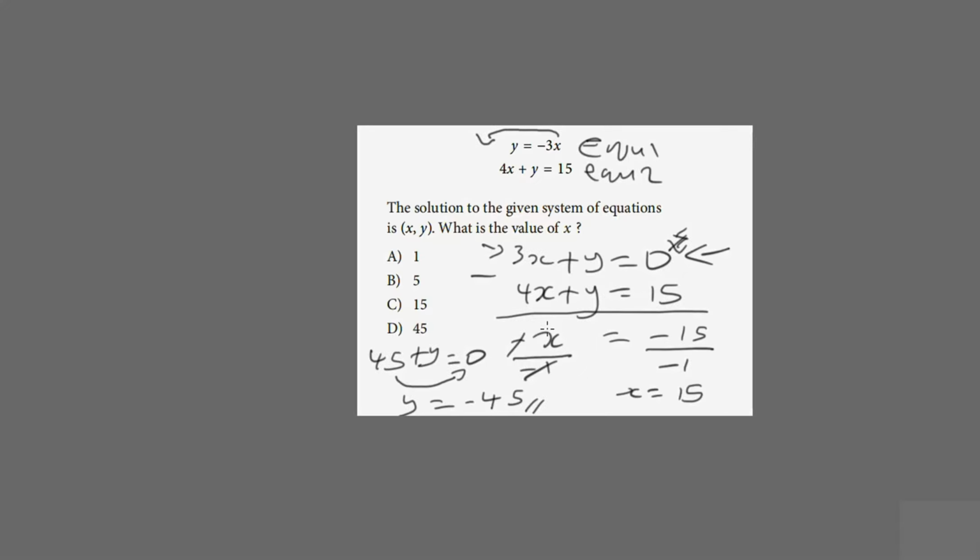Now let's test the equation below. The value of x is 15, so 4 times 15 gives you 60, and the value of y is negative 45. So 60 minus 45 gives you 15. So x being 15 and y being minus 45, the two values are correct for this question. So the right answer to this question is option C, x is 15.